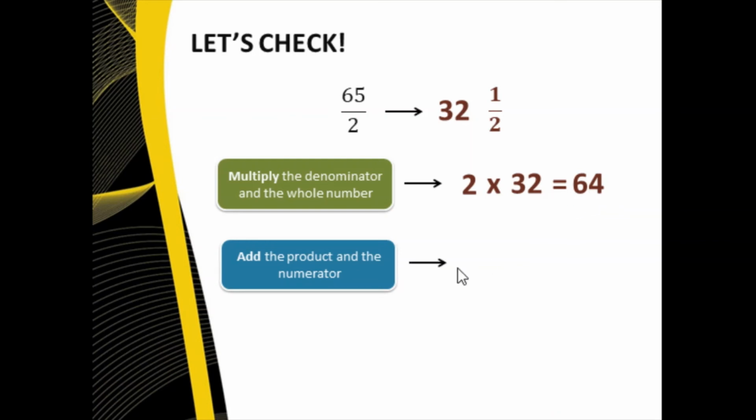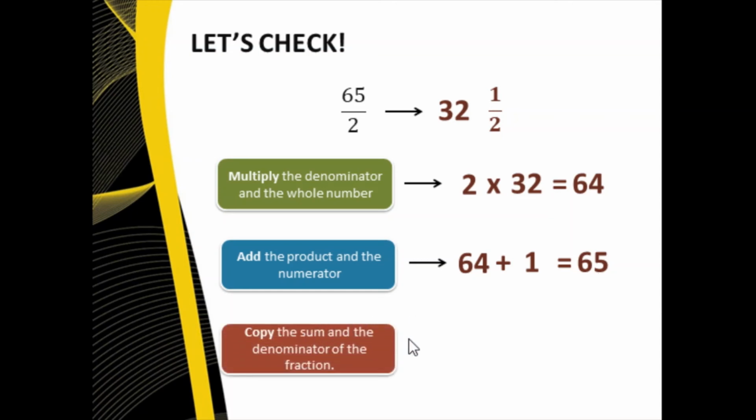So we have 64 plus the numerator is 1. So we get 64 plus 1 is equal to 65. Very good. So then, let's copy the sum. The sum is 65 and the denominator 2. So there you have it. It's 65 over 2. It's the same with the original improper fraction.